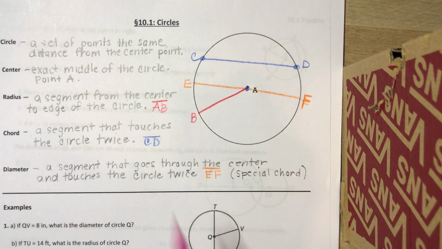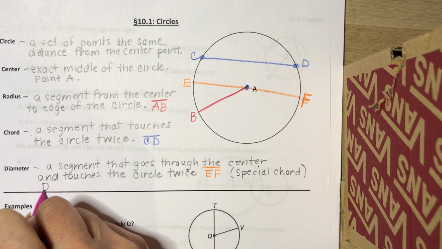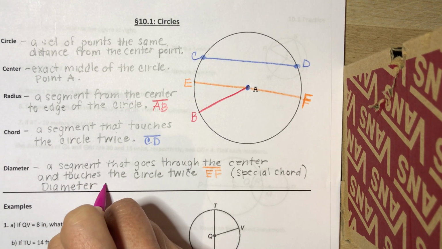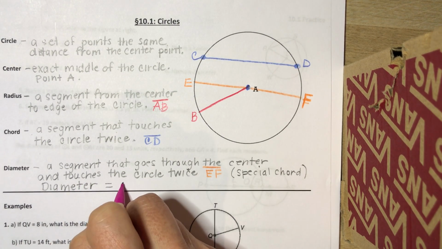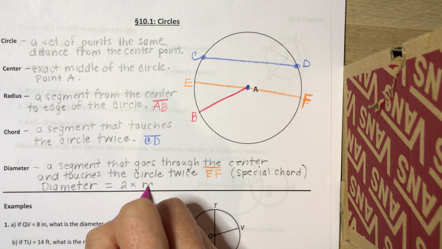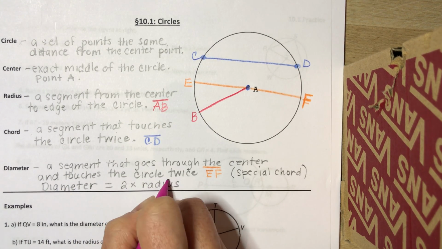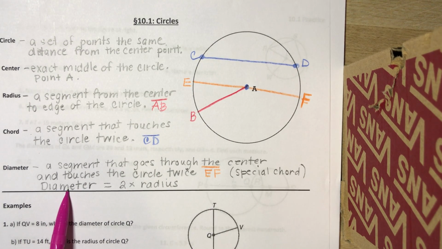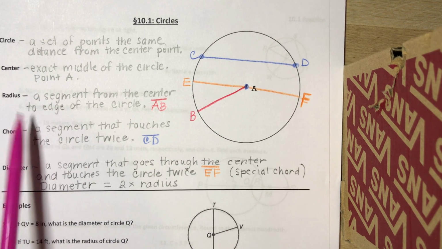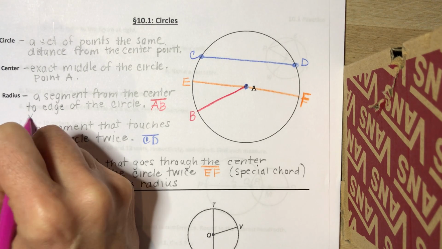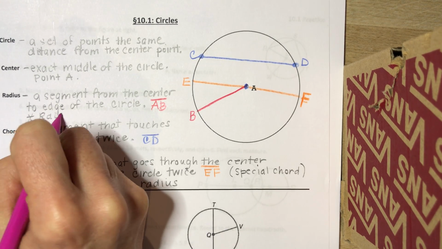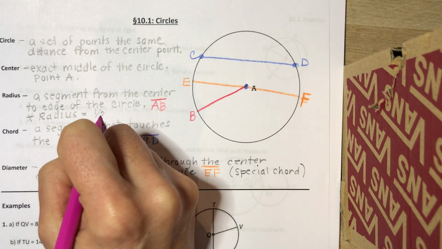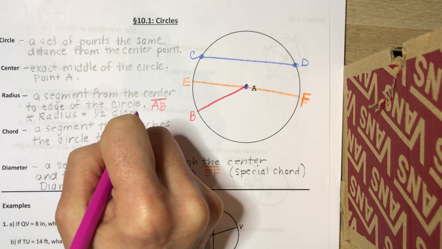So a diameter is actually 2 times the radius. That gives you your diameter. A radius is actually half of the diameter.